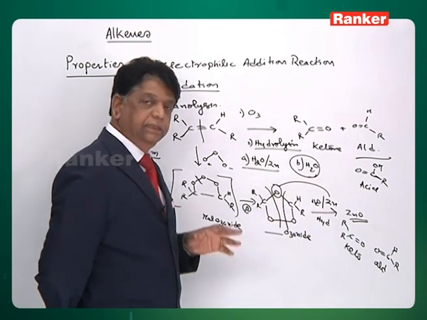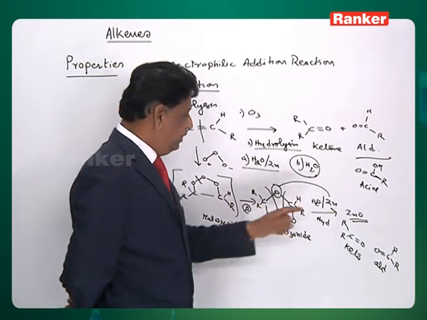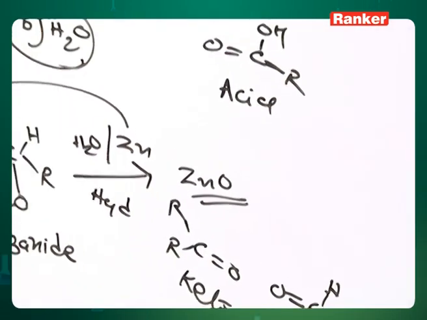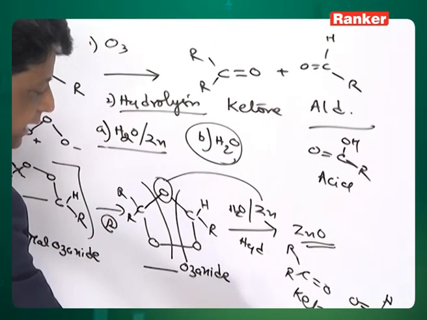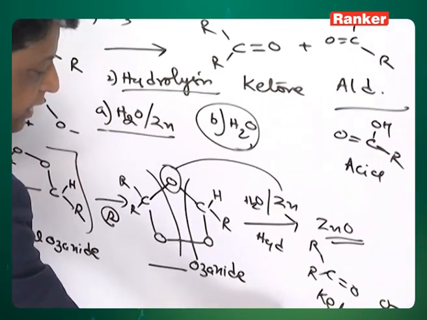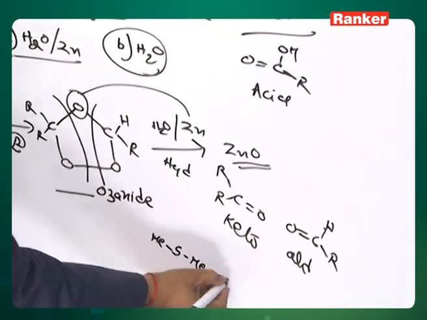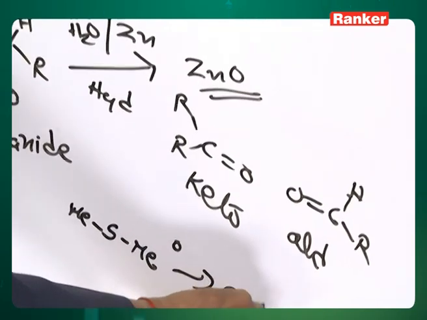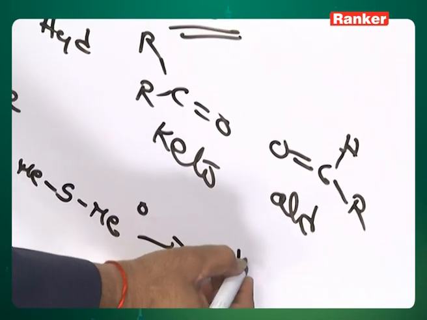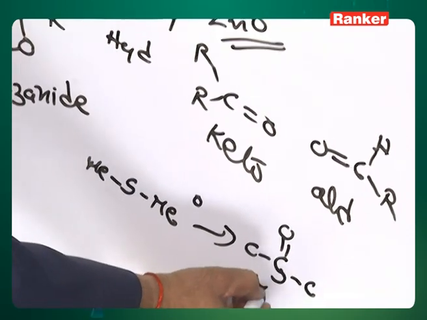Instead of zinc, it is known that if I use some nascent hydrogen containing reagent, the nascent hydrogen will take away the O and becomes H2O. There are some methods like dimethyl sulfide, with 2 methyl groups on sulfur. If I take that, it takes our oxygen and becomes dimethyl sulfoxide, known as DMSO.